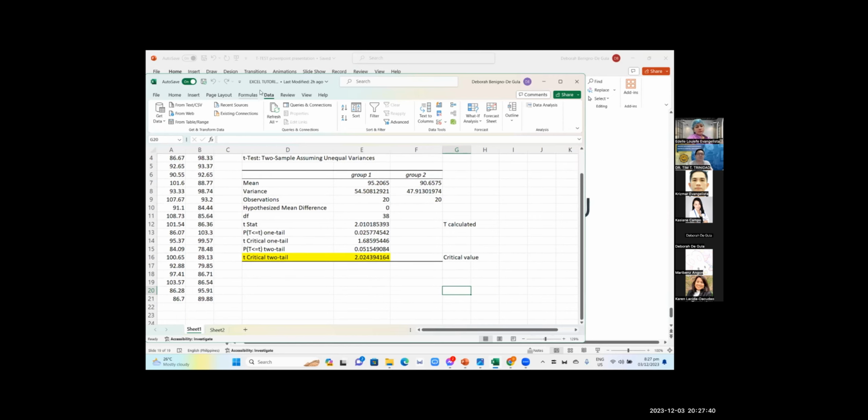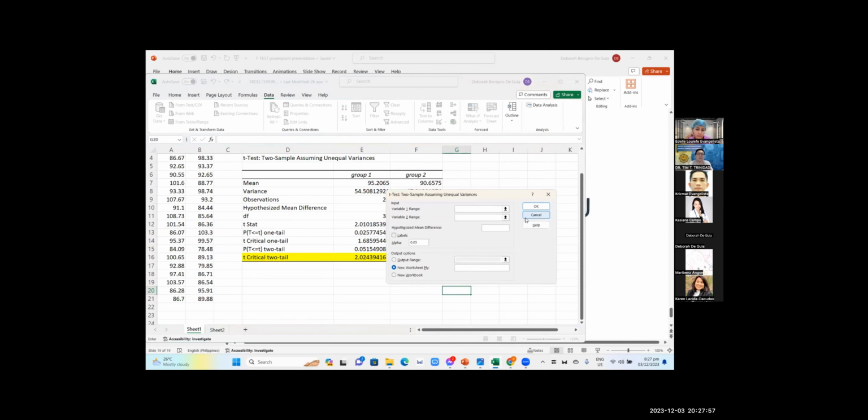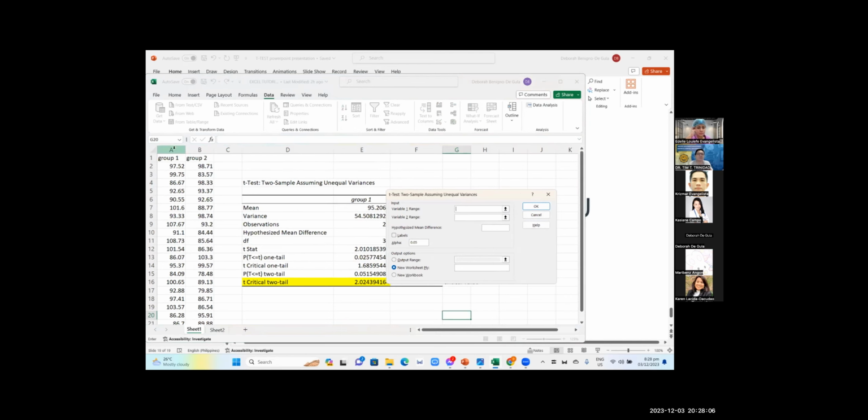What you will do is go to Data, and then Data Analysis. Okay. And then we go to t-test two-sample assuming unequal variances, and then press OK. And then we click on the variable 1 range, and then we click on the data for group A. So it appears there.